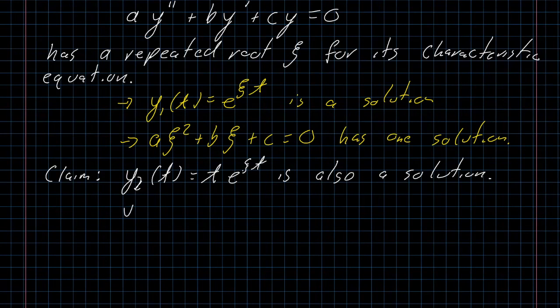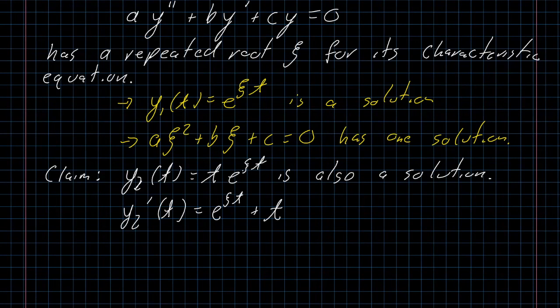All right, well, y2 prime of t is the derivative of a product of two functions. So take the derivative of the first function, the derivative of t is 1, multiplied by the second function, e to the ct, plus take the first function t and multiply by the derivative of the second.